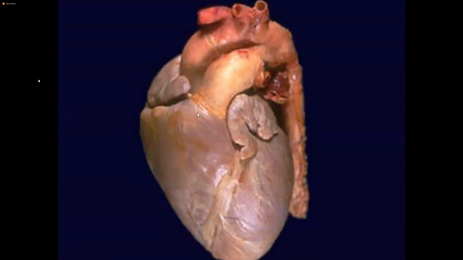And here we are talking about another congenital defect, the patent ductus arteriosus. As you know, this is a normal anatomy in fetal life, where the blood will move from the right ventricle through the patent ductus to the aorta.